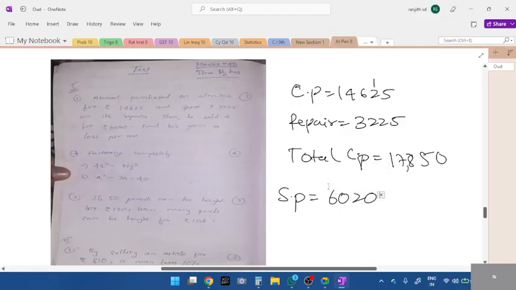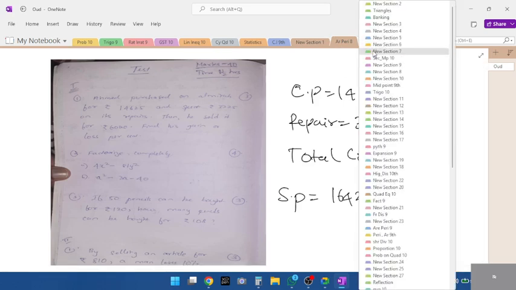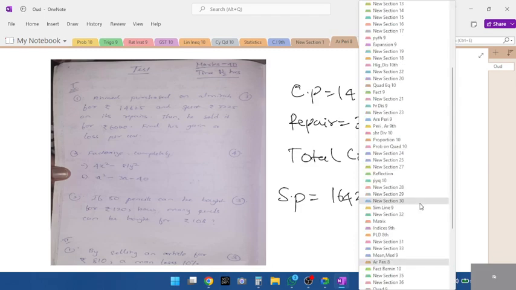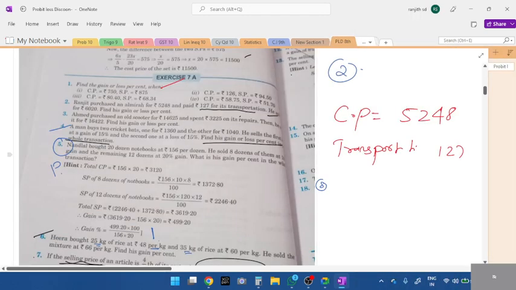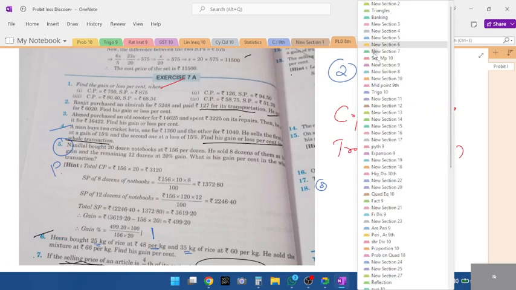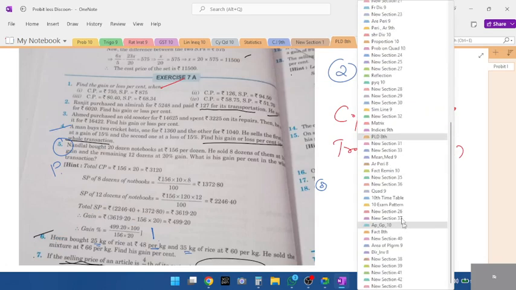This is wrong. 16,422, students. 16,000. Yes, 16,422.